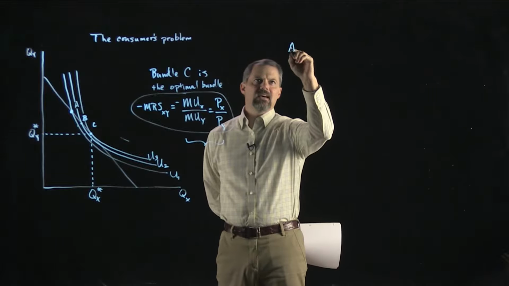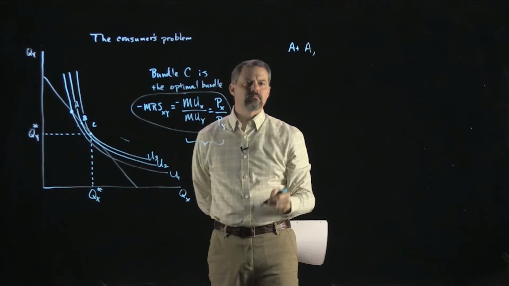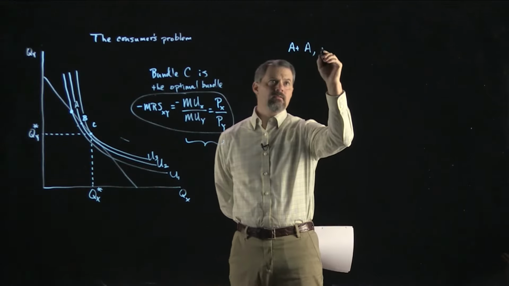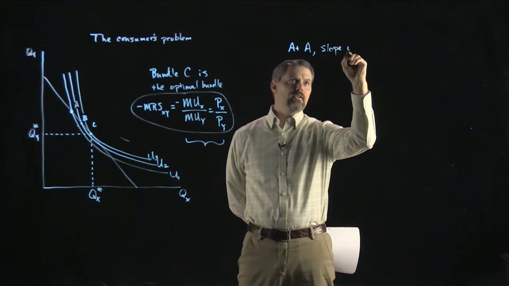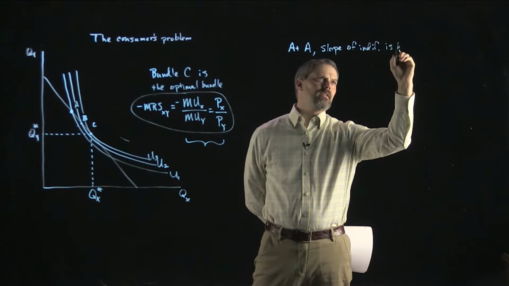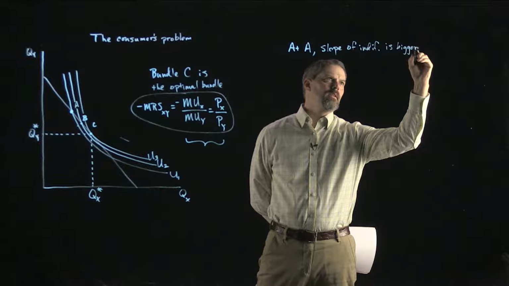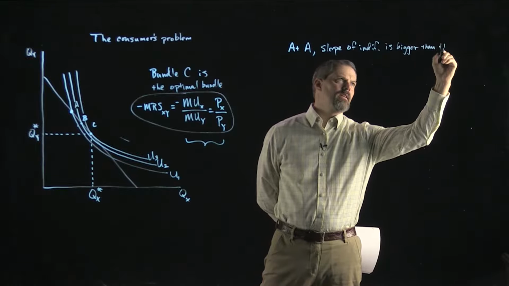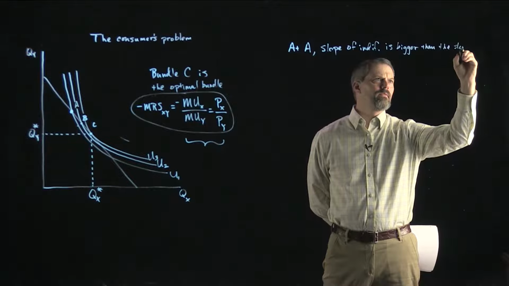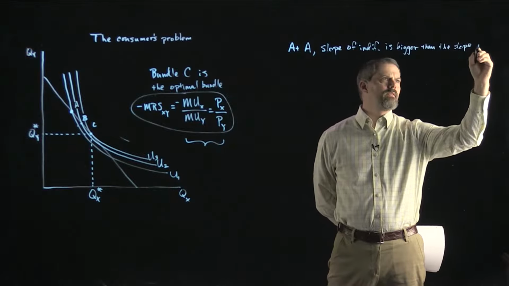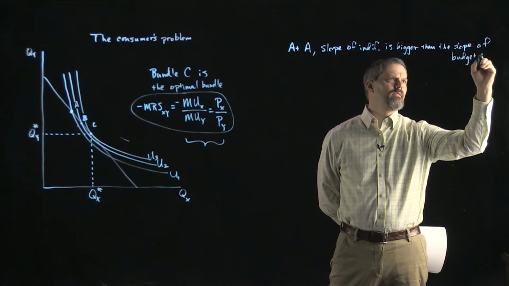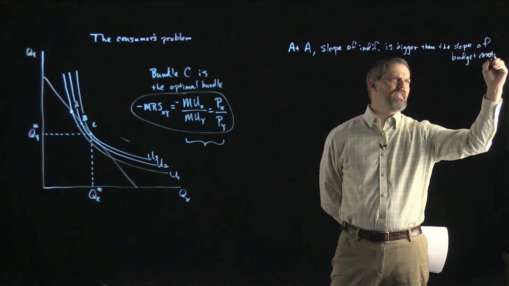So at A, the slope of the indifference curve is bigger than the slope of the budget constraint. Now let's think about what that means.